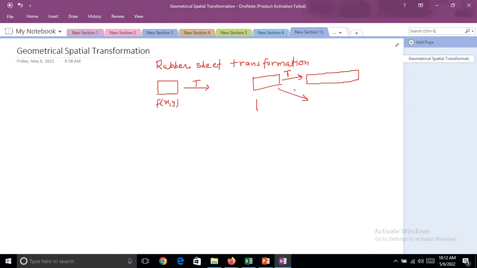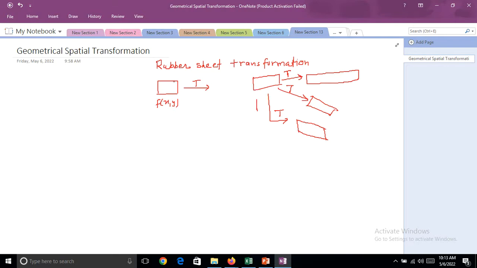Sometimes you may want to rotate it, applying some force, and now it will be rotated like this. Or if you apply force in such a way that it should shear transform, it will become like this.